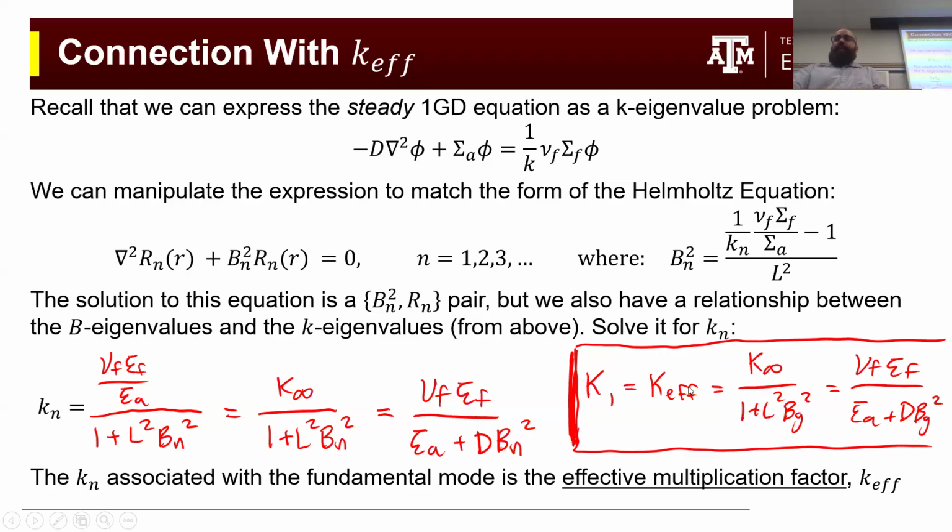In this case, notice that K effective depends on material properties, which is the nu F, the sigma F, and the sigma A, and the diffusion coefficient, but it also depends on BG squared, which is going to be based on the geometry. So it's like a balance of production and loss, including both the material properties and the geometric properties of the system.